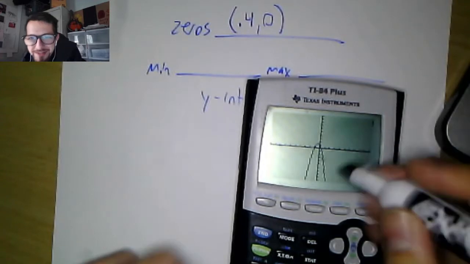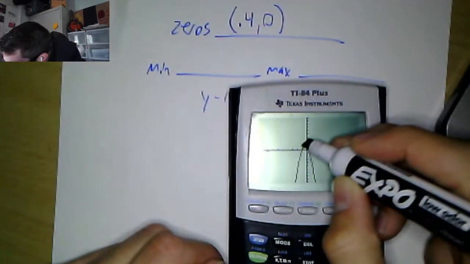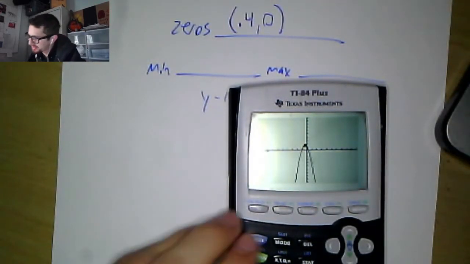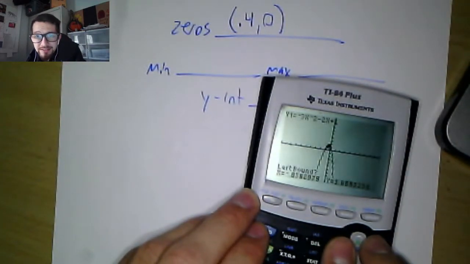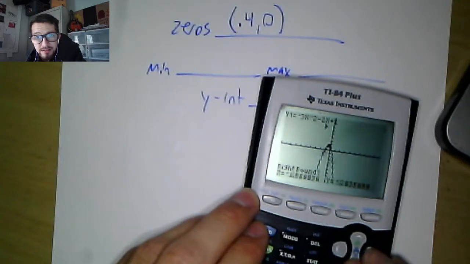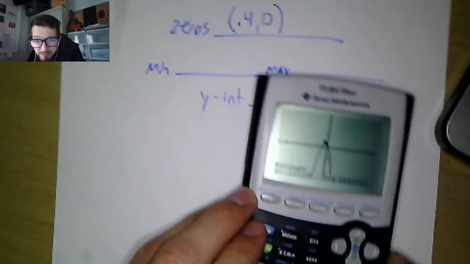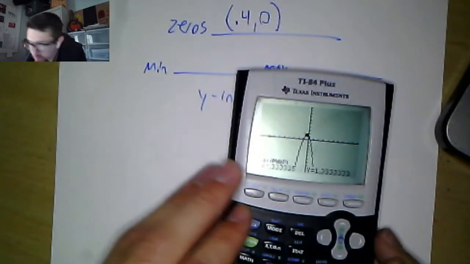There we go. So this is very obviously a hilltop, which is going to be a maximum. So I'm going to go second trace maximum. I will go to the left of that dot, hit enter. Go to the right of that dot, hit enter twice, beep, beep. And I end up with -0.3, 1.3.